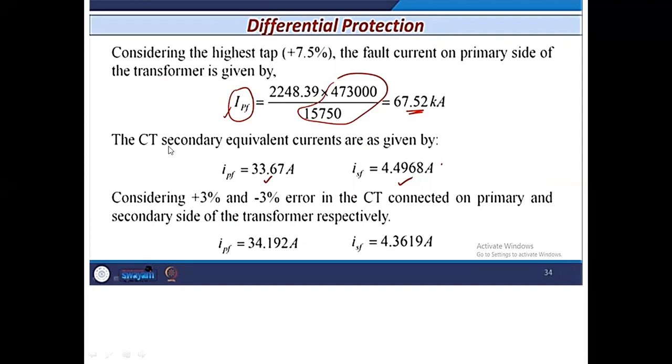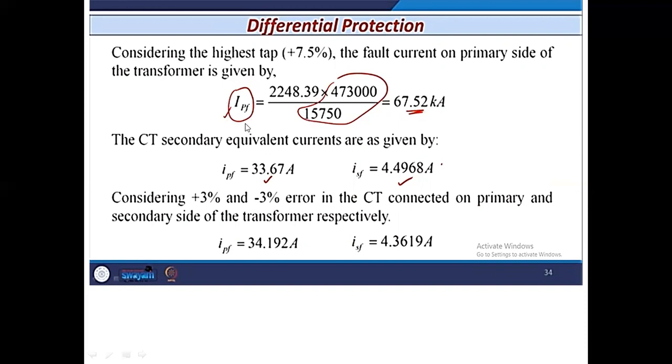This is the I secondary fault. The I secondary fault is 2248 ampere, and if I transfer this to the fault current on the primary, it would be 67.52 kilo ampere.